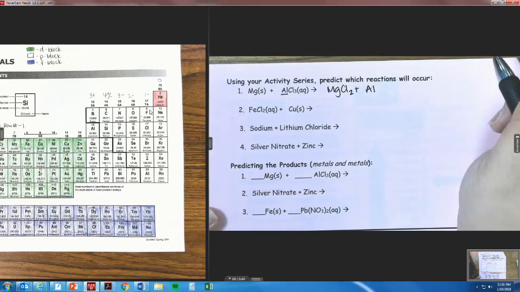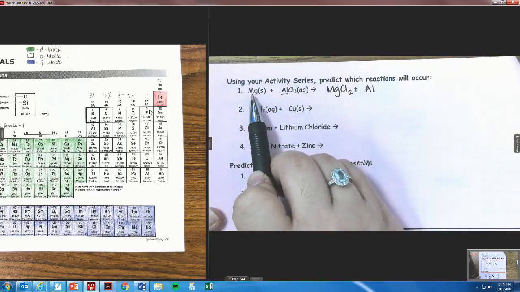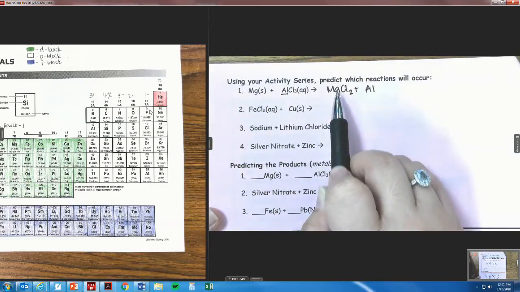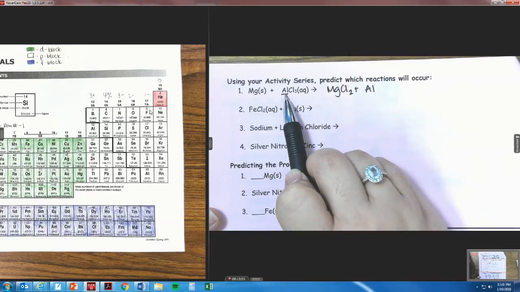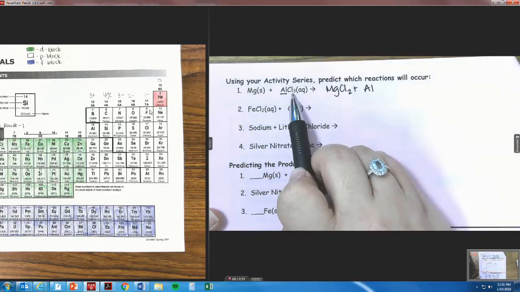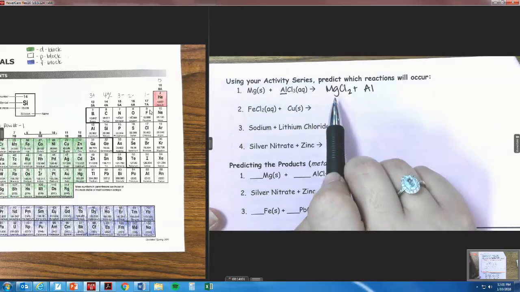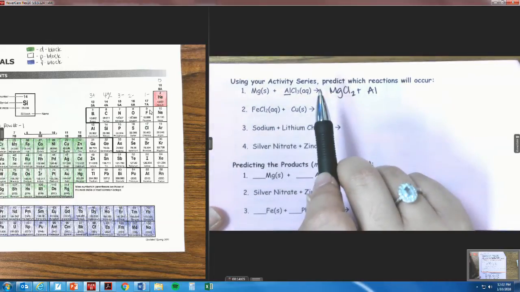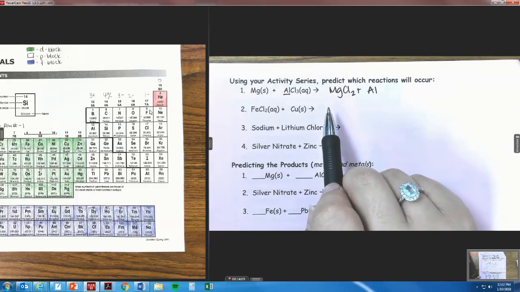Okay, so now I need to balance my coefficients. So magnesium, I have 1 on my reactant side. Magnesium, I have 1 on my product side. Aluminum, 1 on my reactant, 1 on my product. But chlorine, I have 3 on this side and 2 on this side. So I already know that the next number that 3 and 2 are going to have in common is going to be 6.